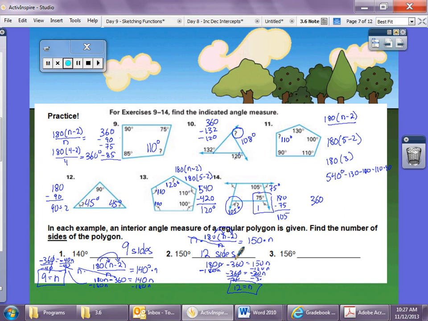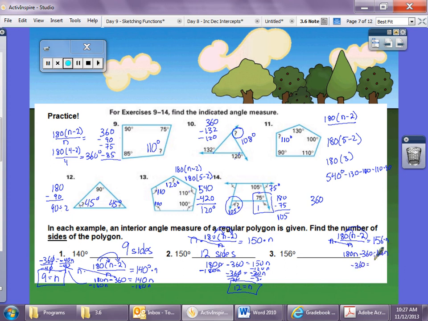156, same formula. So we do 180 times n minus 2 divided by n equals 156. Multiply both sides by n. Distribute. So I have 180n minus 360 equals 156n. Subtract 180n.